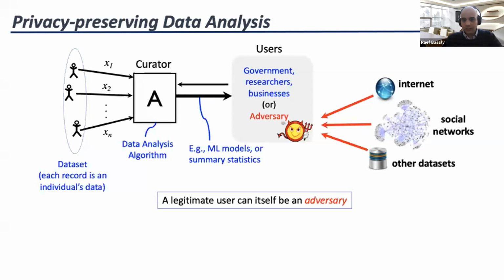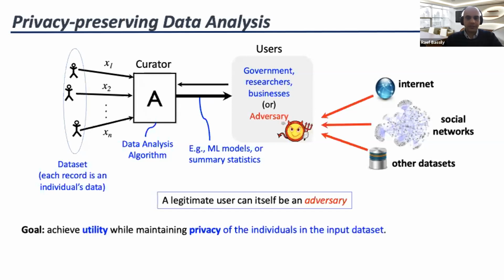In that sense, a legitimate user can itself be an adversary whose goal is to attack the privacy of some individual in the data set. Note here that this type of threat is quite distinct from the security threats that Zhiqiang was talking about in his talk. In particular, these threats will remain persistent even if the curator was secured and trusted.